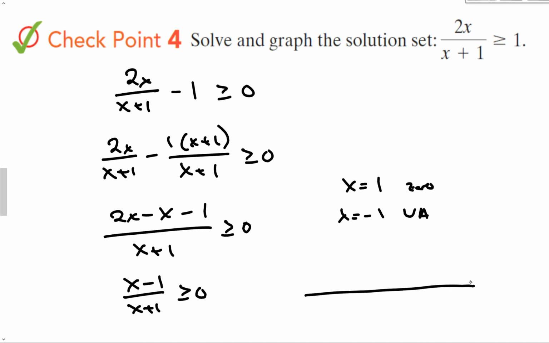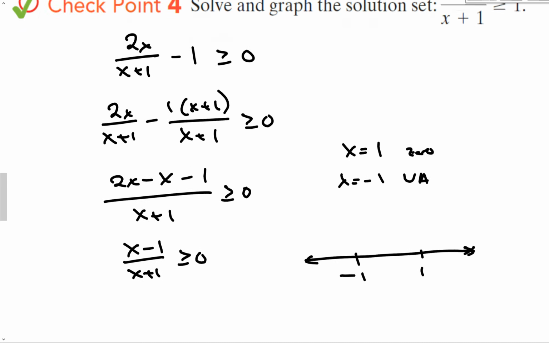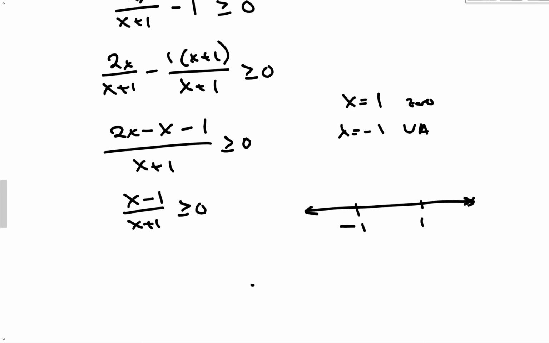Okay, so now I make my number line. I know this graph can change signs at these 2 points. So I'm going to need to plug in some things. So let's plug in f of negative 2, f of 0, and f of 2. Figure out all of these, plugging them into my function. So that becomes negative 2 minus 1 over negative 2 plus 1.